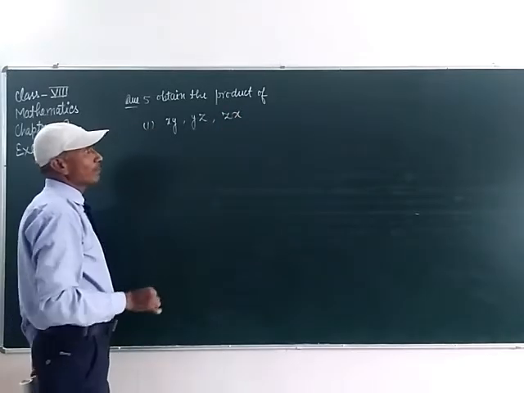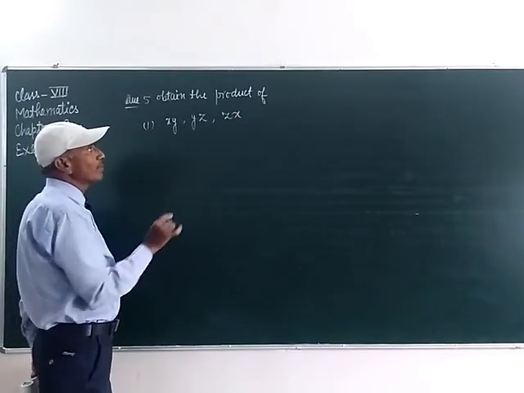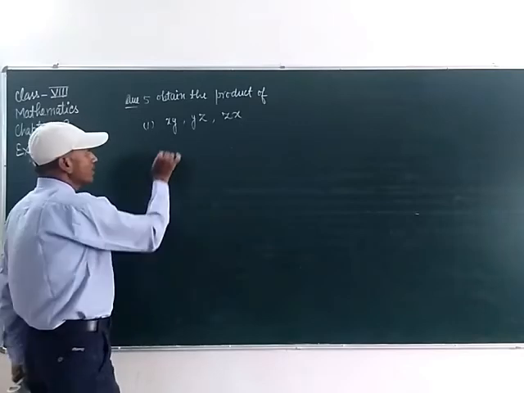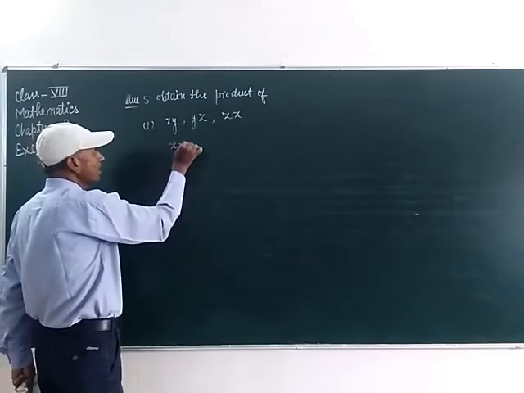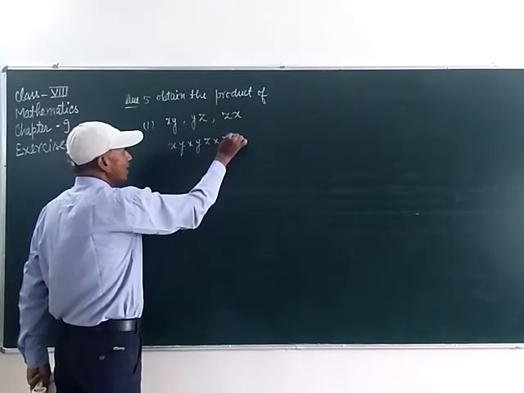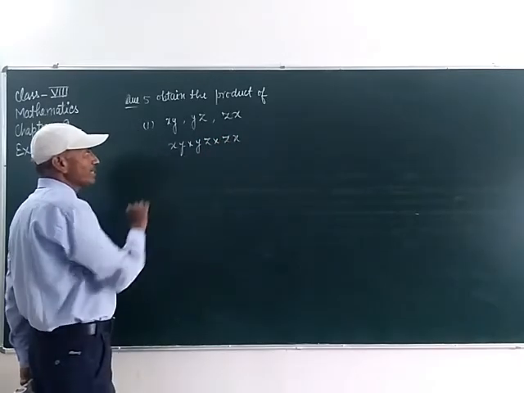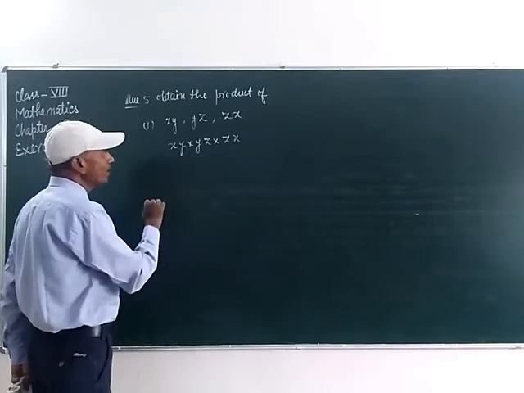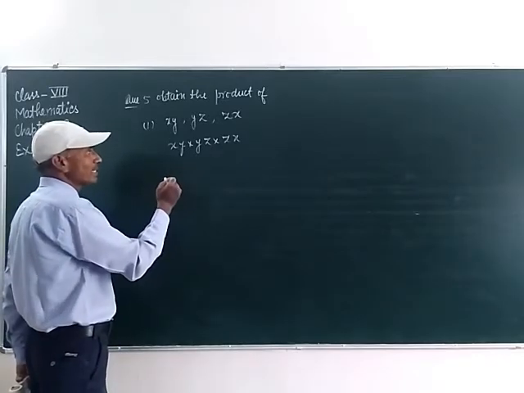We have to find the product of these three monomials. So xy into yz into zx, and in the next step, student, we have to separate the like terms one side.